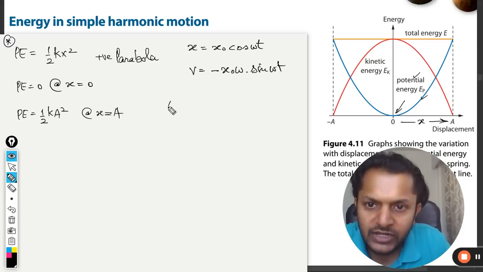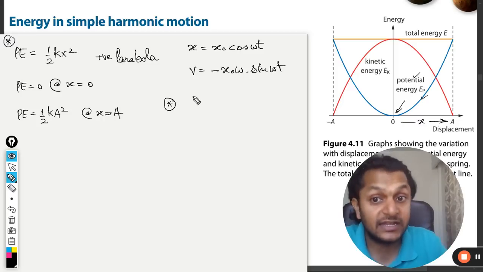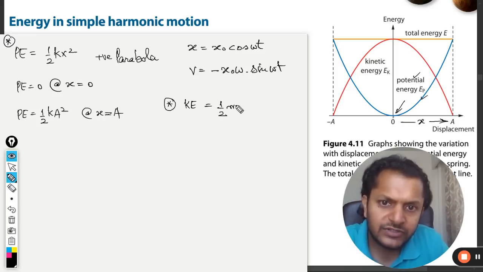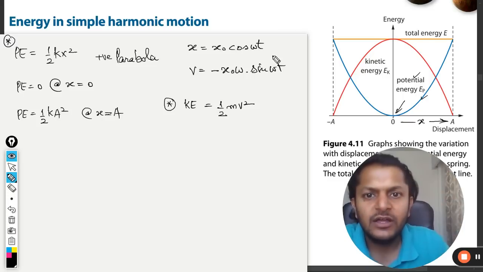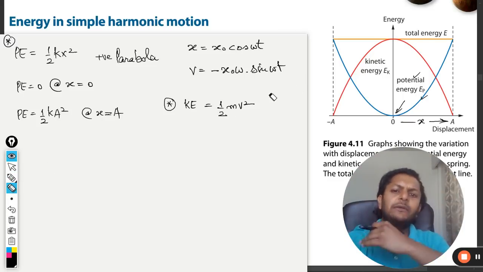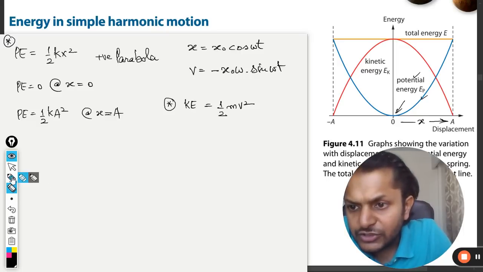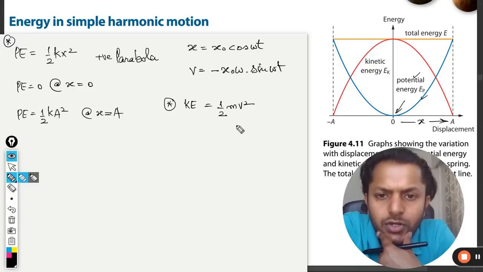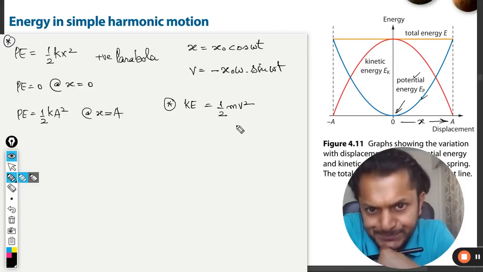Now we are moving into the expression for the kinetic energy, and let's see. Kinetic energy, the universal formula for this is half mv square, and we have the expression for the velocity also, but we don't want to get into this because this is in terms of time. So kinetic energy is half mv square, and so what can we do here?